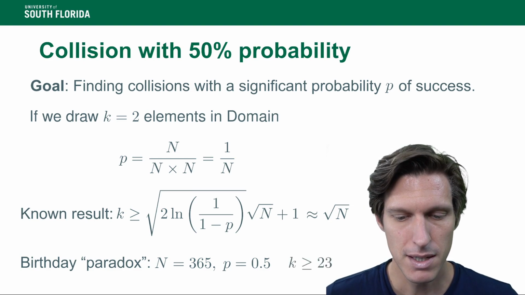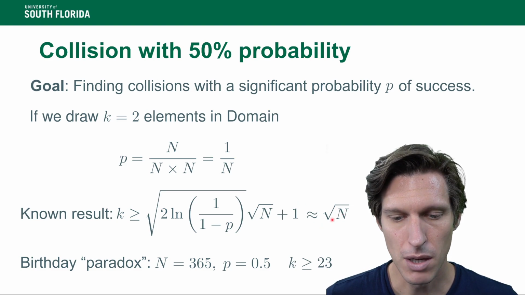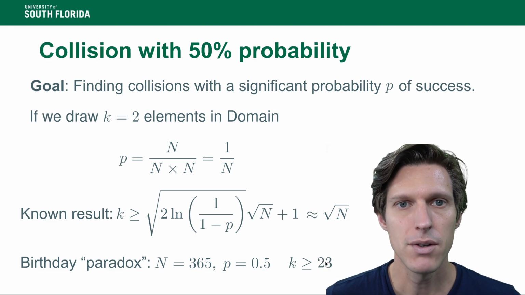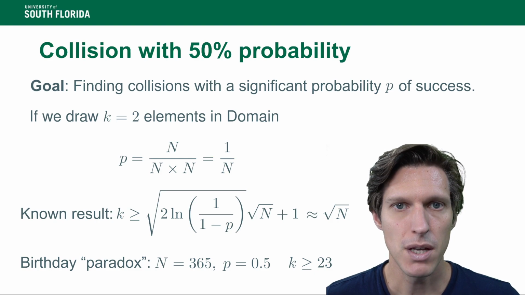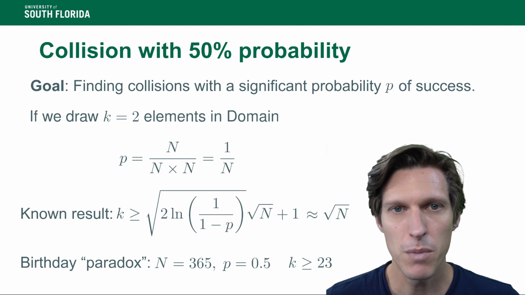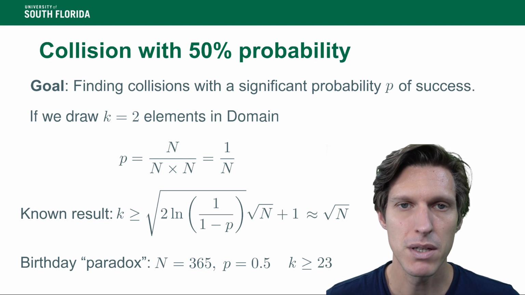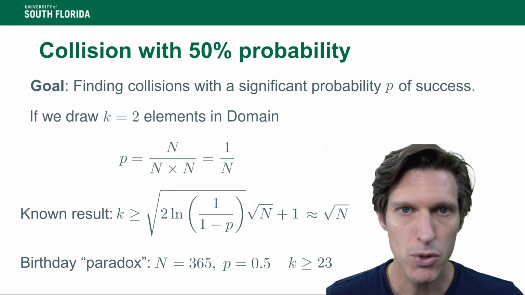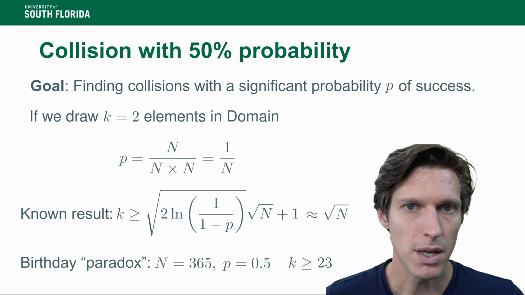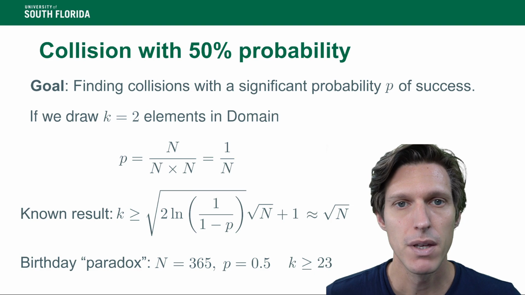In fact, it's the square root of that number that you have to take. So only 23 students in the classroom gives you a 50% chance that 2 of those students will share the same birthday. And that's what people think of as a paradox, because for most people, it's counterintuitive that so few students get you a chance of a collision.